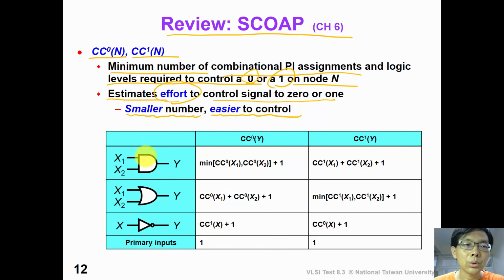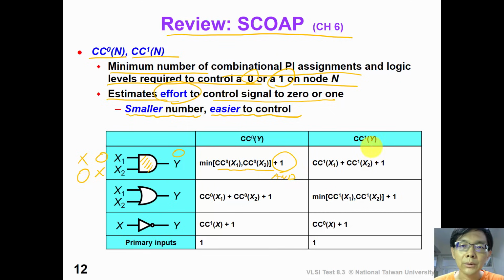For example, if we want to control the AND gate output Y to 0, we can have either 0x or x0. So we take the minimum of CC0 of x1 and CC0 of x2, plus 1, which represents the AND gate itself.